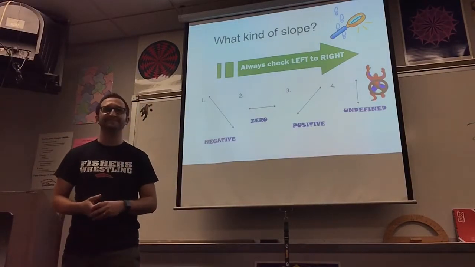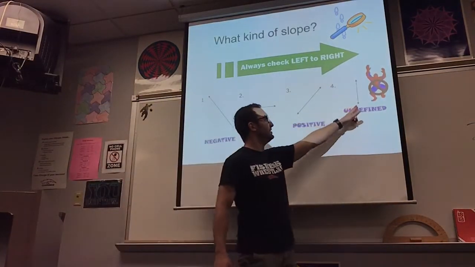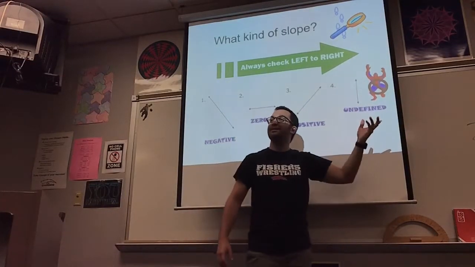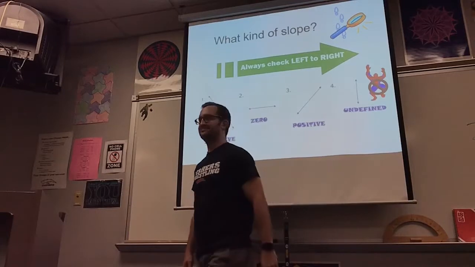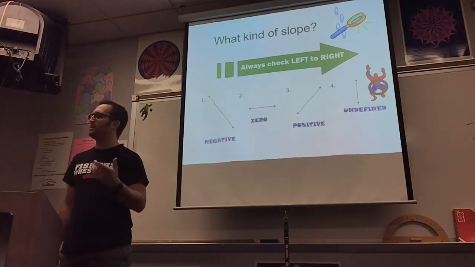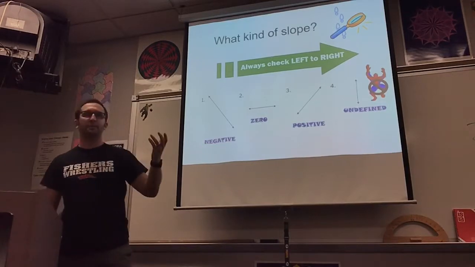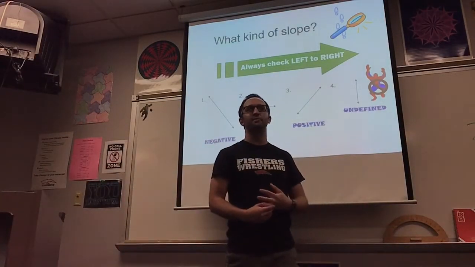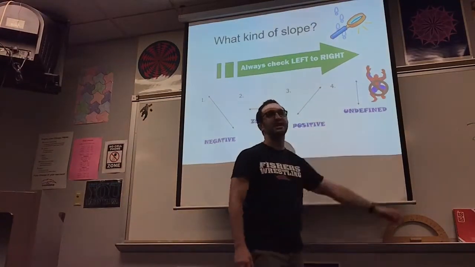Spider-Man is pretend. This slope does not exist. We cannot define it. We'll talk about the real reason why it's undefined in just a moment, and it will make sense mathematically for you. But the way that we remember it is, Spider-Man crawls up and down buildings, but Spider-Man is not real. Sorry. So we can't define it.